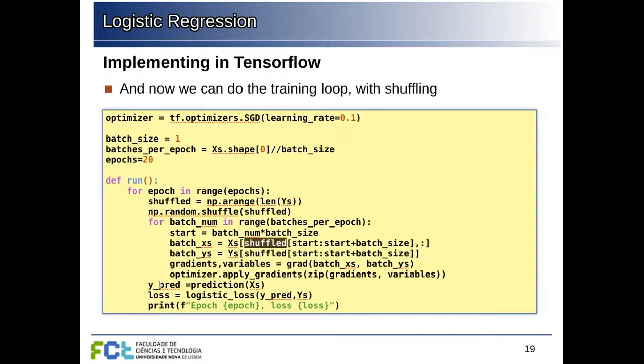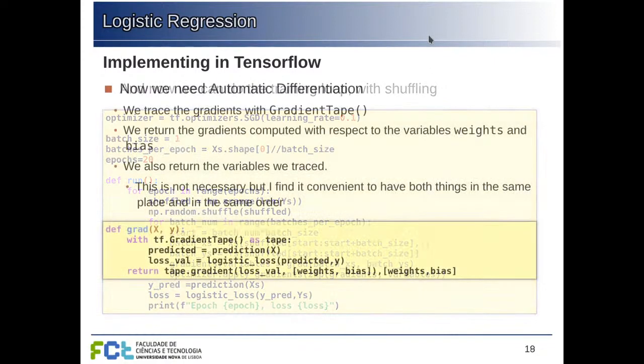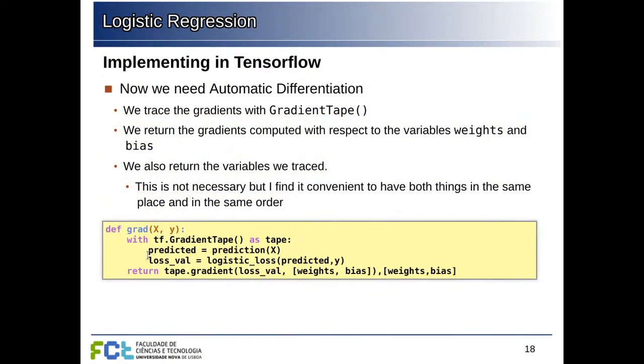And now for each batch, what we're going to do is to apply this grad function that will do the whole computation. It will do the forward pass by computing the prediction for this batch of examples and the loss function, and then compute with the backwards pass the gradients that we ask with respect to the parameters to optimize.